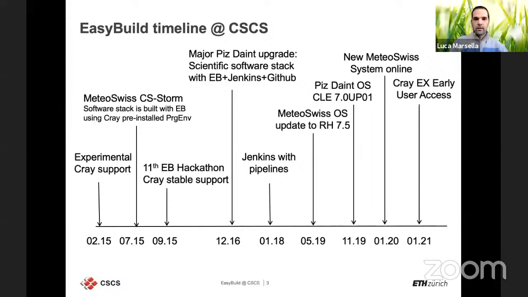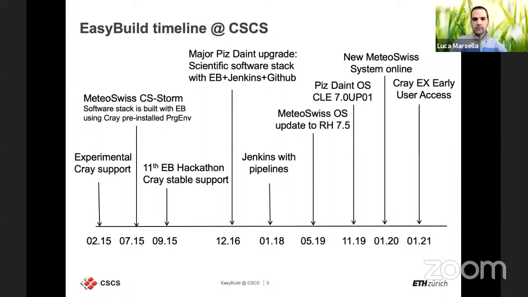In the meanwhile, we adopted EasyBuild also on the first MeteoSwiss system that had a software stack that was completely built with the EasyBuild recipes. In 2016, EasyBuild was also integrated with Jenkins and GitHub with the major Piz Daint upgrade, the flagship system at CSCS, in December 2016.